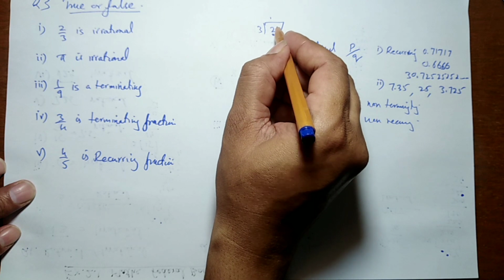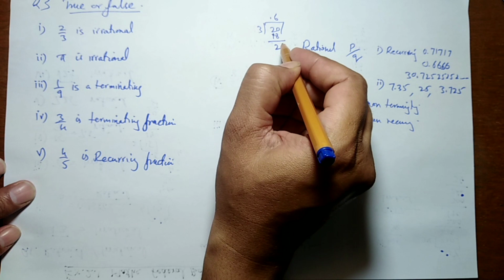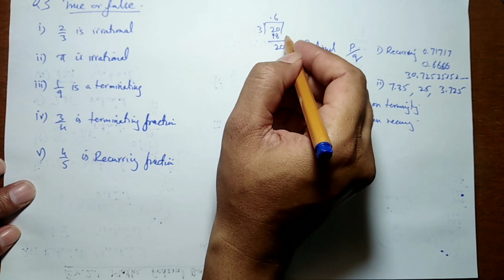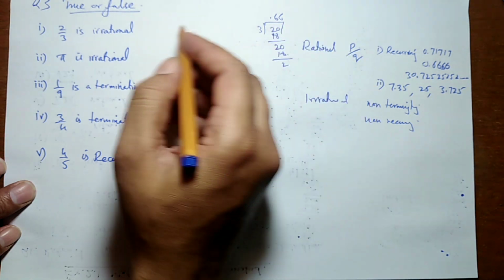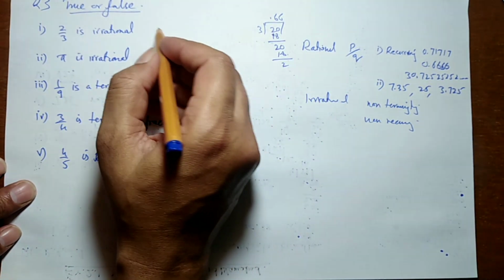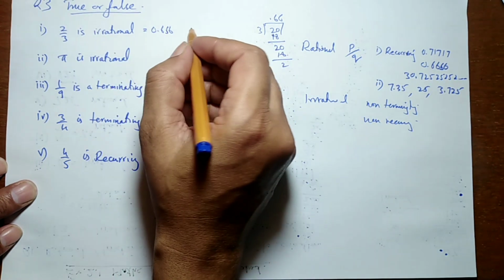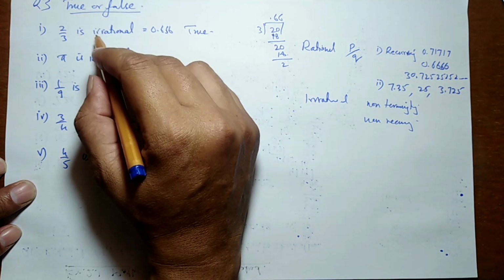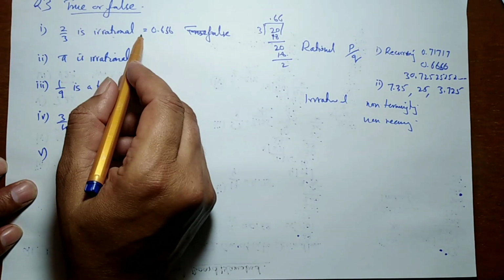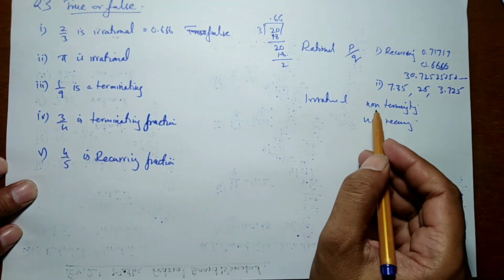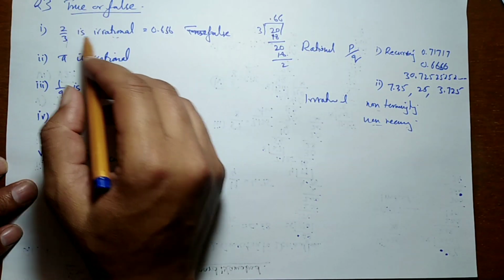Just introduce point and 0 here. 3 6s are 18. 2 is the remainder. Just mention 0 here. 3 6s are 18. 2 here. So you can see this process continues on. Our answer is 0.666. So the statement is false, because it says 2/3 is irrational. Irrationals are non-terminating and non-recurring, so the fraction is rational.